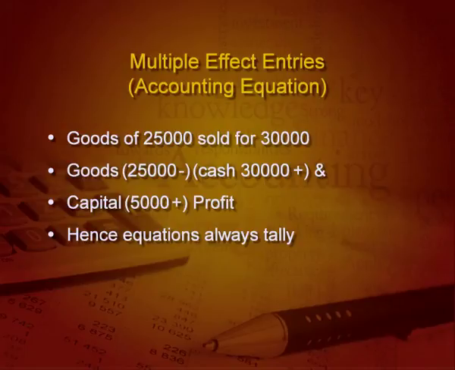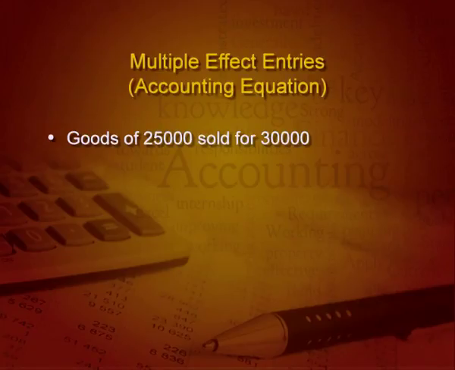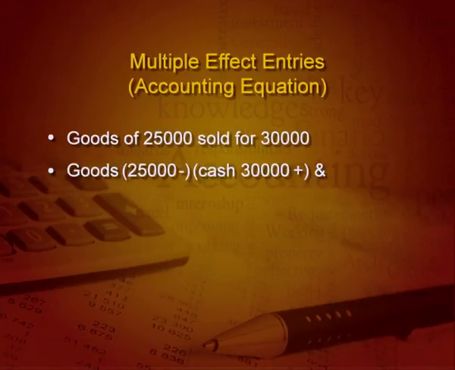Now, there are multiple effect entries in the accounting equation also. Let us see those. Goods of 25,000 sold for 30,000. Now, this entry is going to affect 3 points. First, goods 25,000 will be subtracted, cash 30,000 will increase and we have earned a profit of 5,000 which will increase our capital.